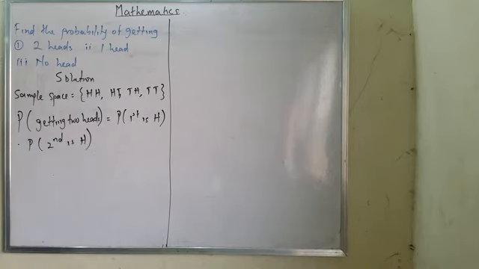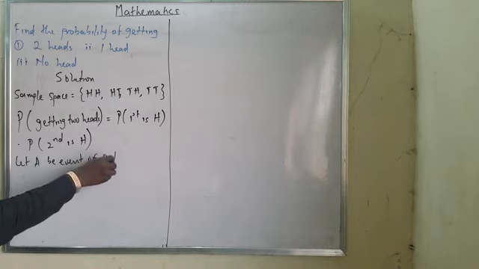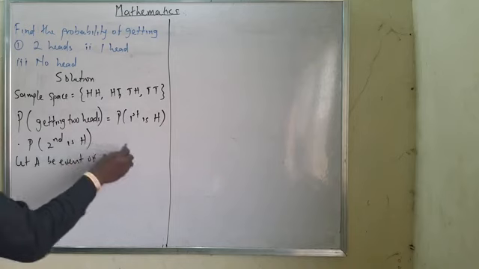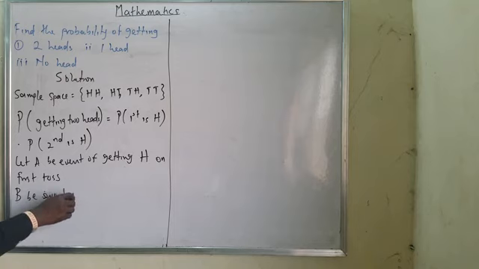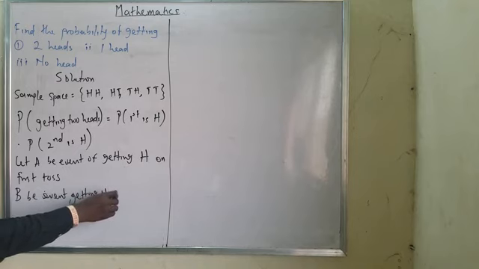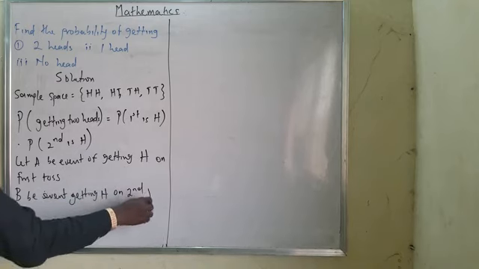Now, let A be the event of getting a head on the first toss, and B the event of getting a head on the second toss.